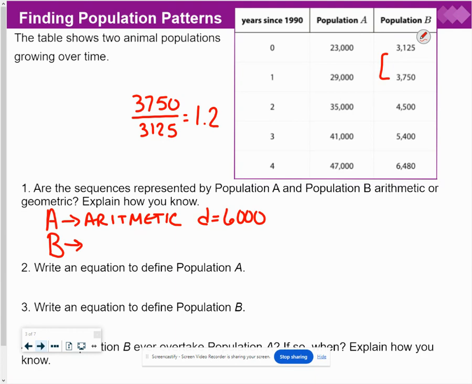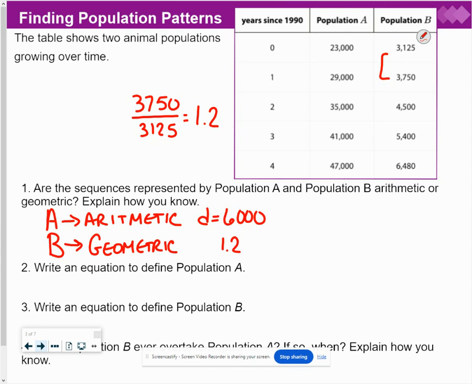So the growth factor for this one is 1.2.